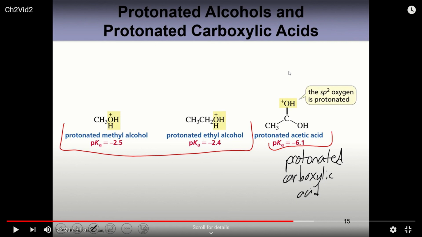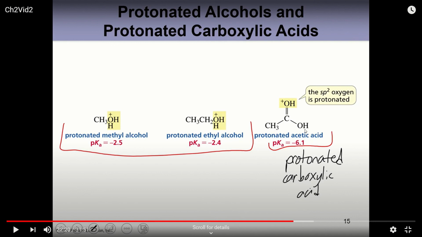The carboxylic acid is already more acidic than alcohols, so it makes sense that adding a proton and still having a similar structure, the protonated form of the carboxylic acid is more acidic than the protonated form of the alcohol.